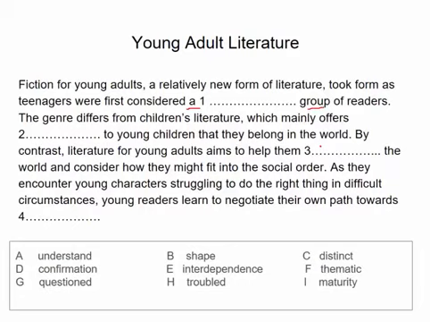If I were trying to analyze this ahead of time, I would mark a little note here that I'm looking for a verb in this slot. And number 4, the last one: young readers learn to negotiate their own paths towards, well, towards is a preposition, towards something. We're looking for another noun for number 4.